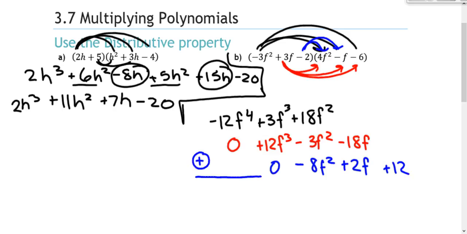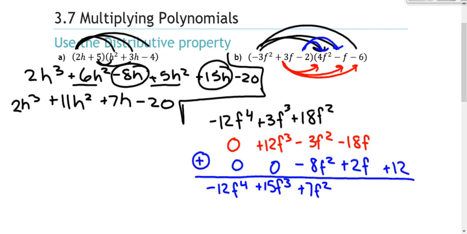Then we will combine these all together. So we're just going to add them. So then if I look at this, negative 12 plus 0 gives me negative 12f to the 4. 3f cubed plus 12f cubed plus 0 gives me plus 15f cubed. 18f squared minus 3f squared minus 8f squared should give me 7f squared minus 16f plus 12.